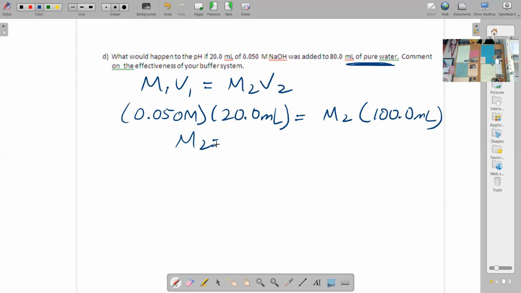So take the negative log of that. Are we getting somewhere? When you get a pH, share with a neighbor. It should be an oddly simple number. You can actually do most of this in your head. It is 12, yes.